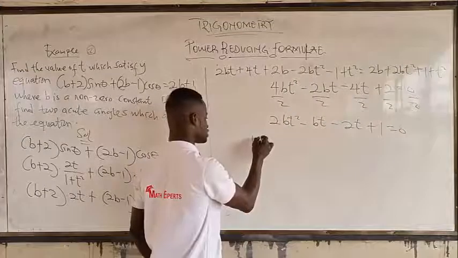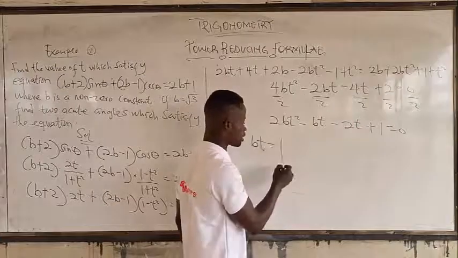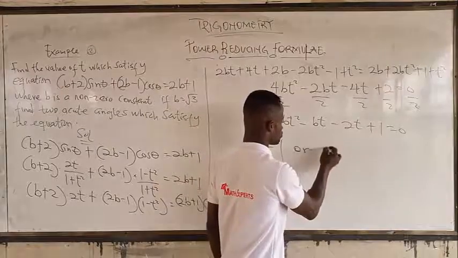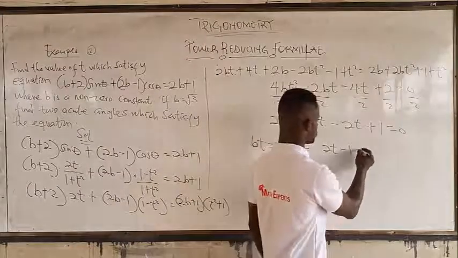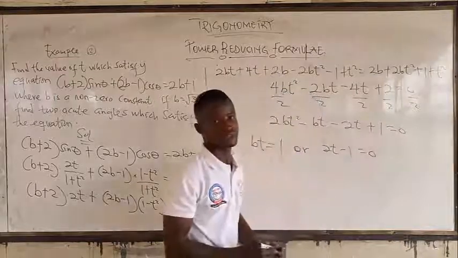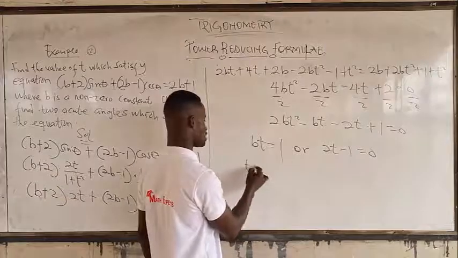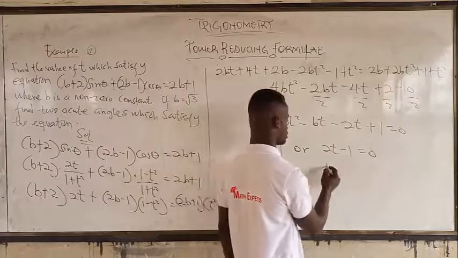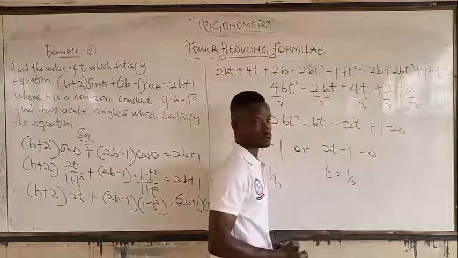So here you get bt minus 1 equal to 0, or 2t minus 1 equal to 0. So we get t equal to 1 over b, and t equal to half.